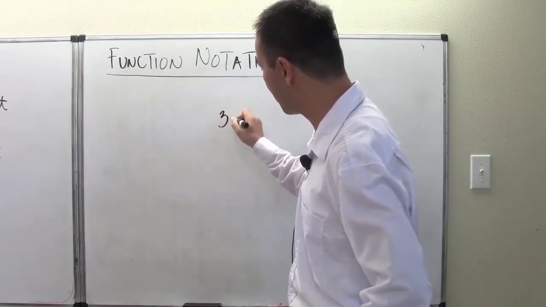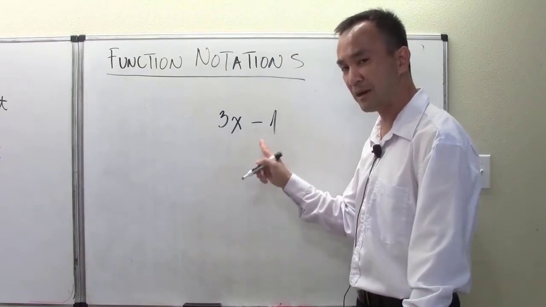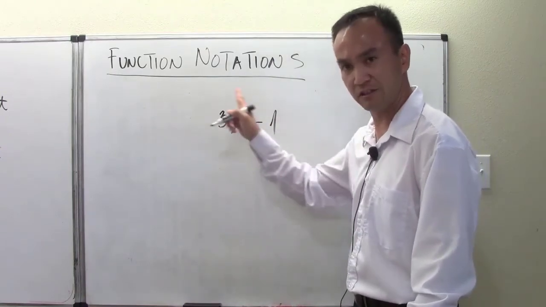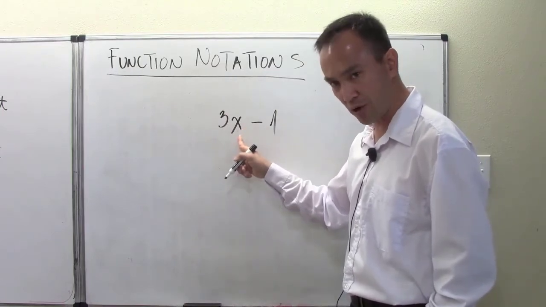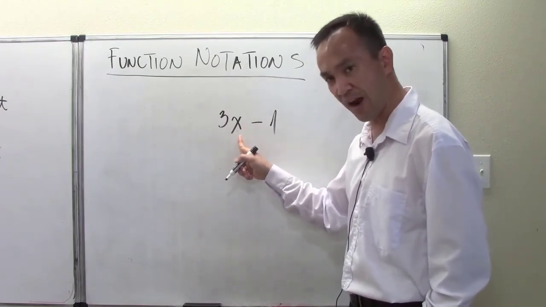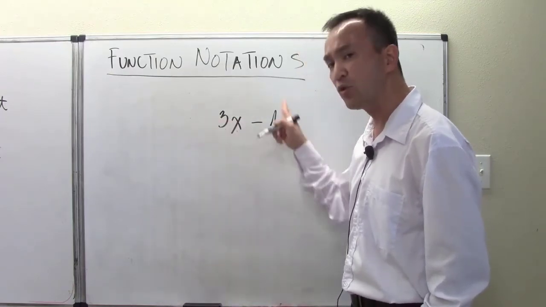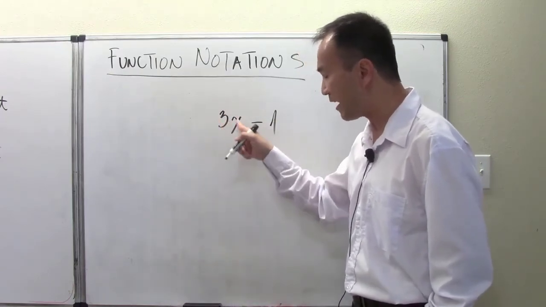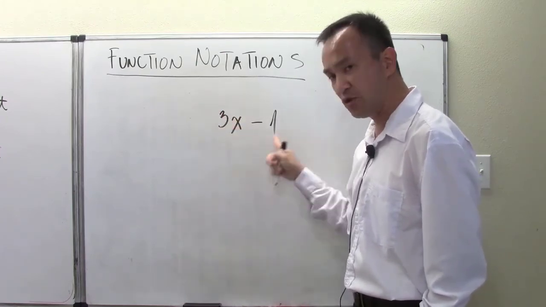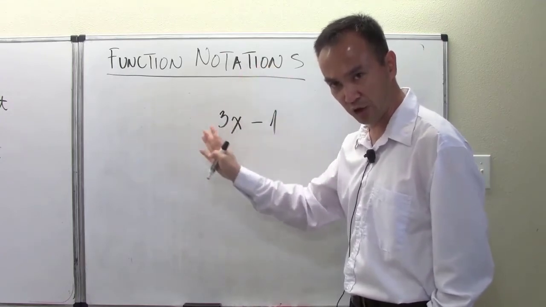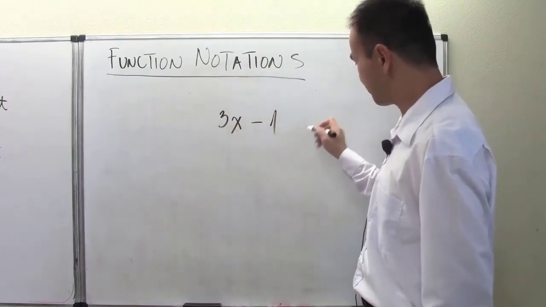Everybody agree with me that it was a rule: 3 times x minus 1. This rule says that once we substitute a numerical value for x, we multiply the input value by 3, and then subtract 1, following strictly the order of operations. And so there's a rule.